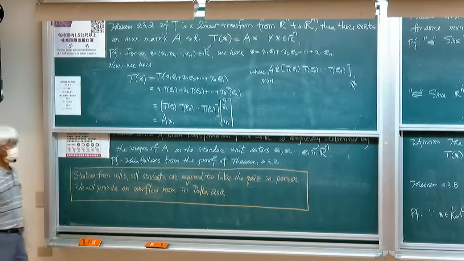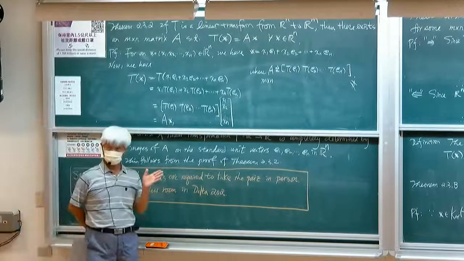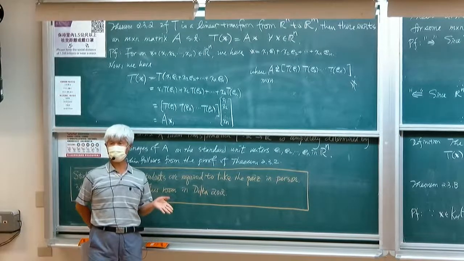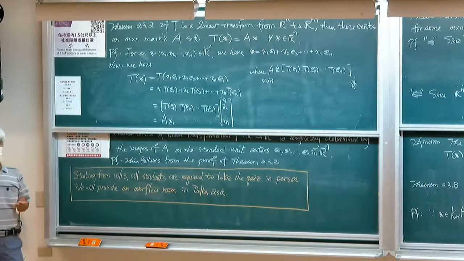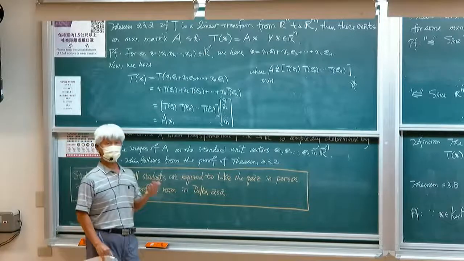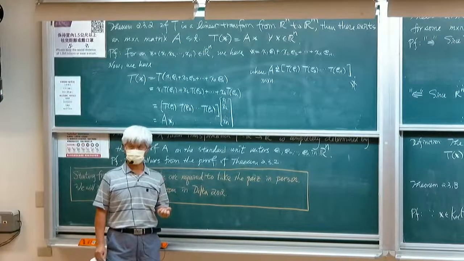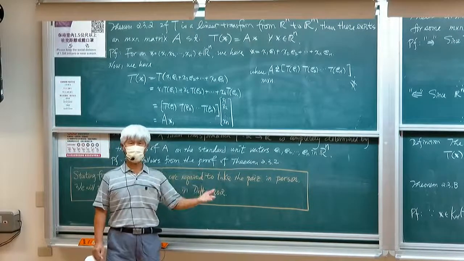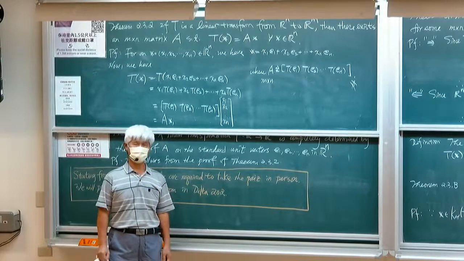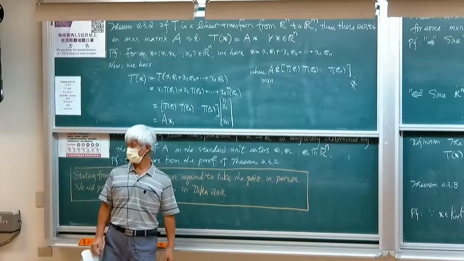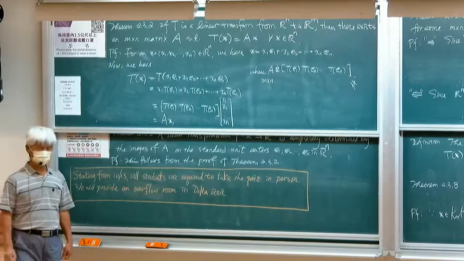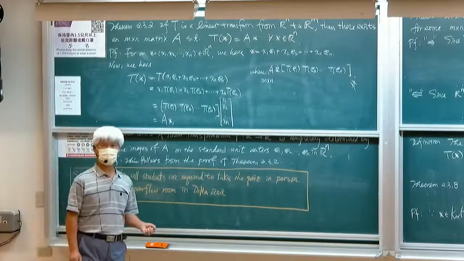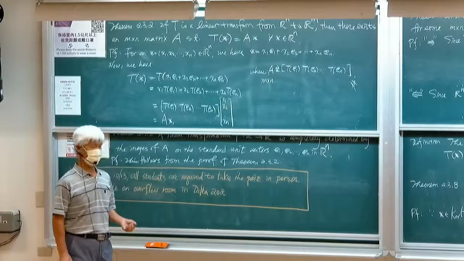Okay, so the third section of chapter 2 gives us a tour on the general concept of functions. We review the general concept of functions, and we talk about some properties about the invertibility of a function.